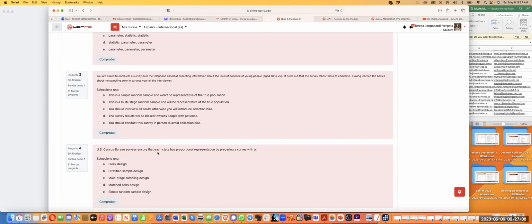And inside of there, to get that each state has proportional representation, that would be the stratified sampling part. But if I ever mention that the cost of identifying study units is prohibitively expensive, then you say you should do multi-stage design.